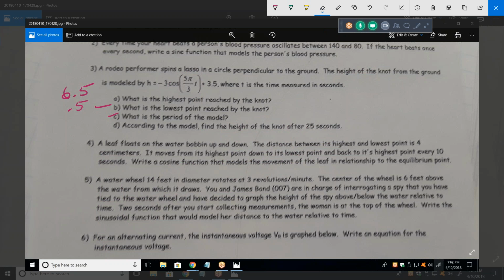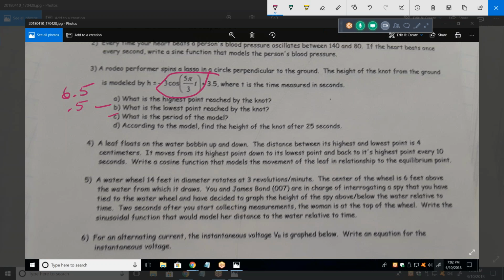It's when you have these periodic functions, and this is actually one reason why trig is so important, because you're answering really important questions here about life. In other words, when you have real life problems, it's what's the highest point on the loop? What's the lowest point on the loop? What's the period of the model?